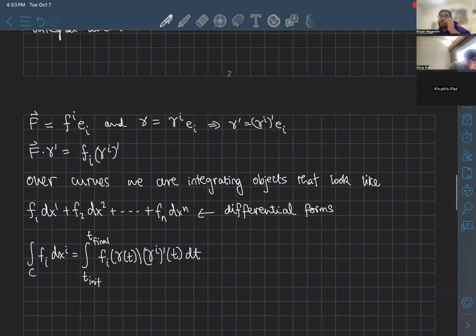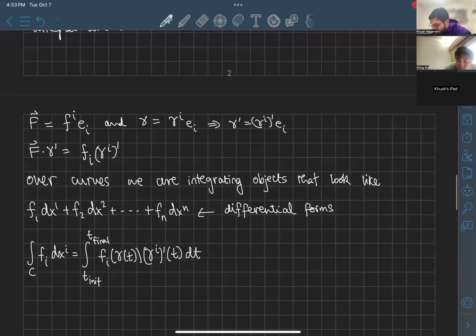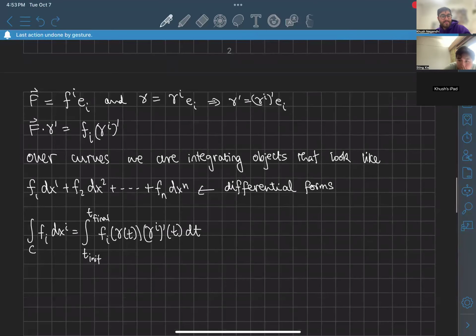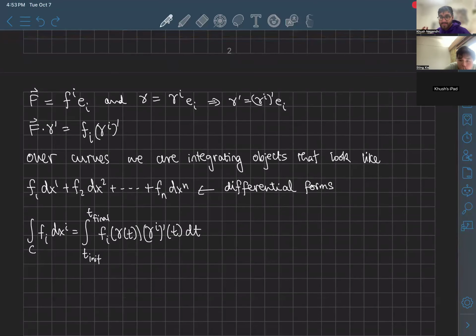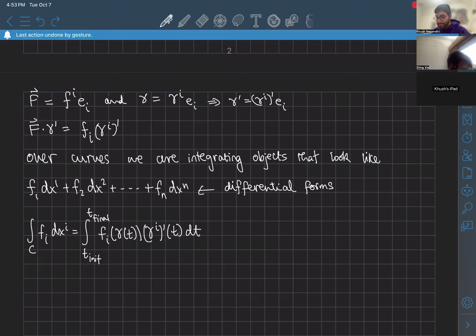Now, if you've done one of the exercises on the first problem sheet, you will recognize this object. This is called the pullback. We'll see why it's called the pullback when we talk about differential forms in general. One way to see why it's called the pullback is that this dx_i differential form is on the curve C, right?